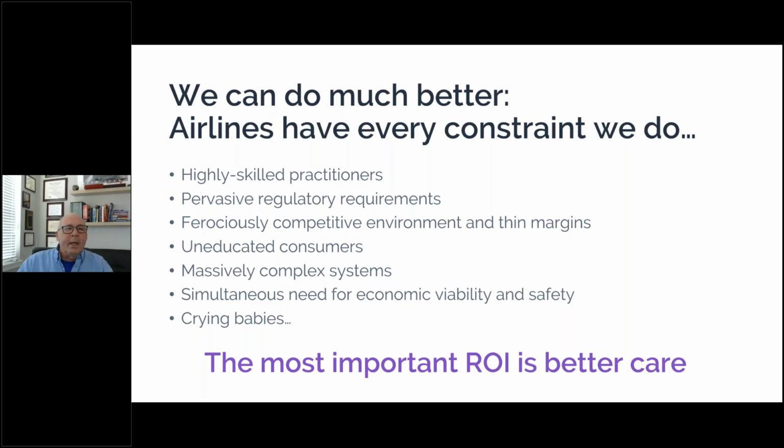And so I like to say the most important return on investment you can get when you improve your electronic health record is not better reimbursement, it's better care. It isn't that reimbursement's not important, but the most important ROI is better care, in the same sense that, for example, if you're an airline and your job is to get a passenger from point A to point B, the most important thing you can do is to do that safely.